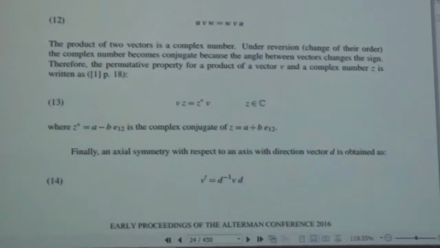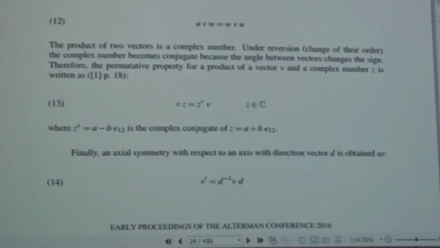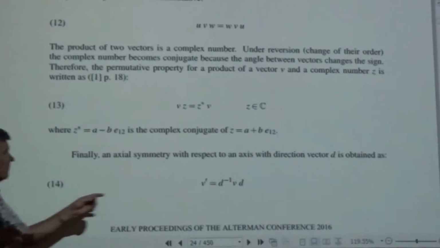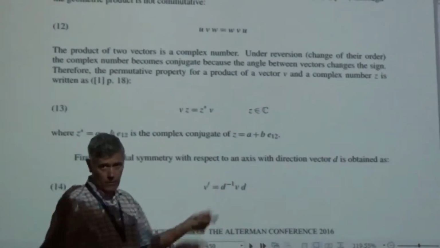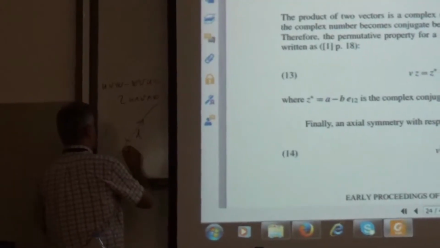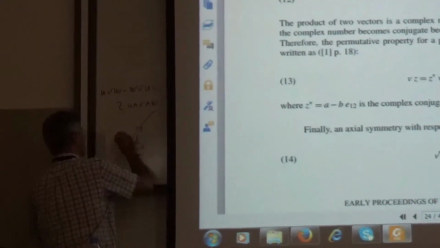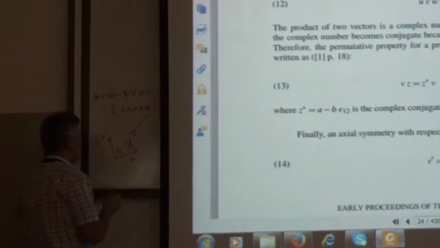You have an axial symmetry with a direction vector of any norm, so the norm is not important. This is a general expression.